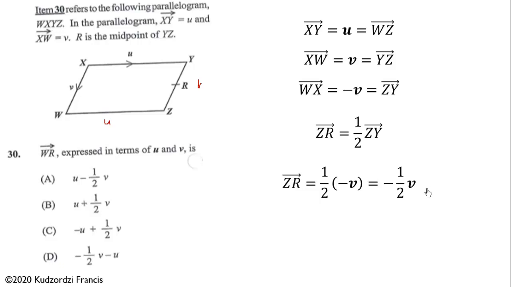Now we know by the triangular law of vector addition, sorry for not using the right tool. So we know that vector W, sorry, that's not the correct thing.